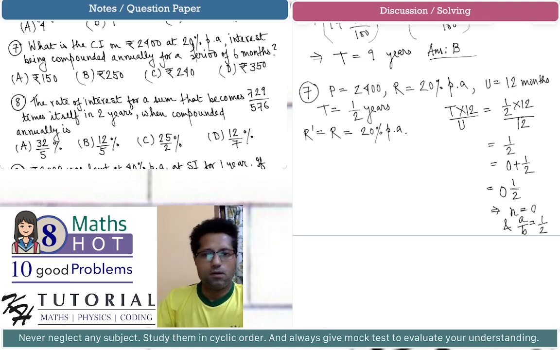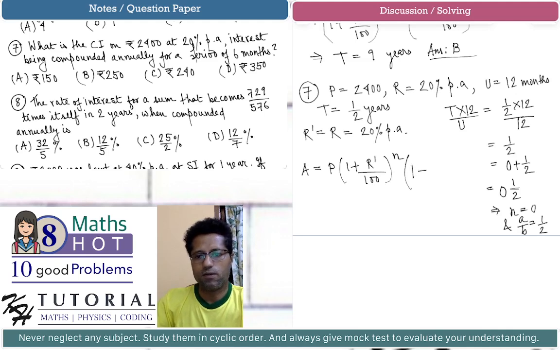So now the amount from the general formula we know is 1 plus r dash by 100 to the power small n multiplied by 1 plus a by b r dash by 100.